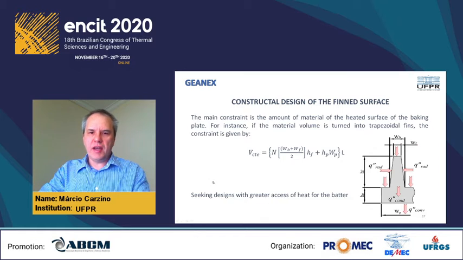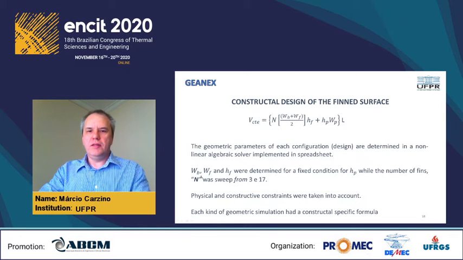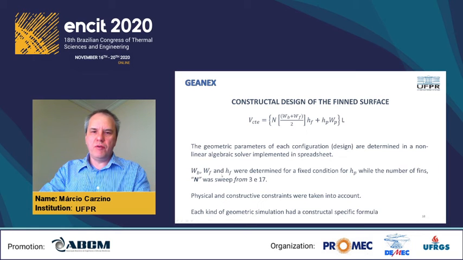The constructor design was used to provide a solution for this study, and we developed a formula to calculate the constant volume with aleatory conditions and parameters. These parameters, calculated by a nonlinear algebraic solver, were used to design each type of plate geometry, from 3 to 17 rows of fins.